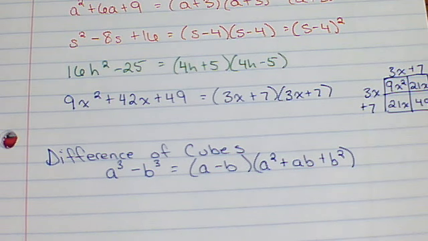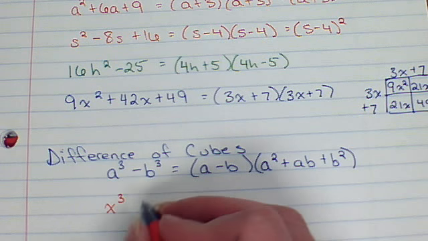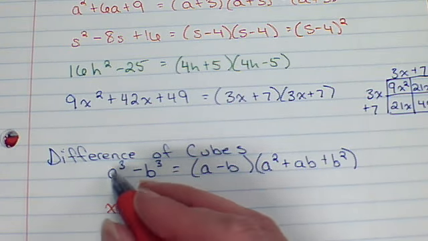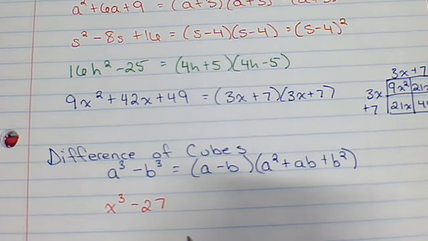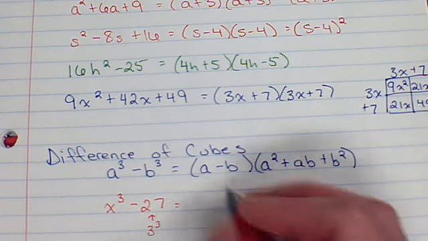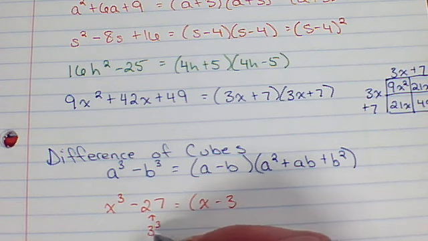So let's look at an example so we can see how that would work. If I had x cubed minus 27, okay, x cubed, that's definitely cubed. What cubed would give me 27? Oh, that would be 3 cubed, wouldn't it? So this would give me x minus 3. 3 cubed, that's the 3.